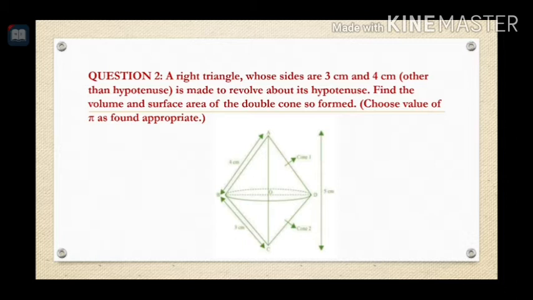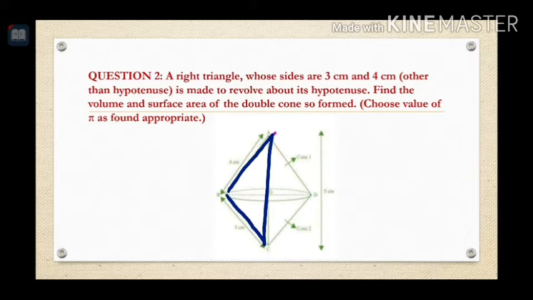Look here, this is a right angle triangle. This ABC is a right angle triangle where AB is equal to 4 cm and BC is equal to 3 cm given, and they are other than the hypotenuse. Since AB and BC are not the hypotenuse, therefore AC is the hypotenuse.